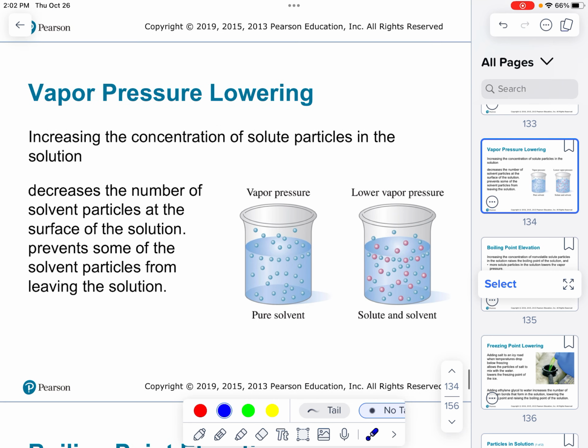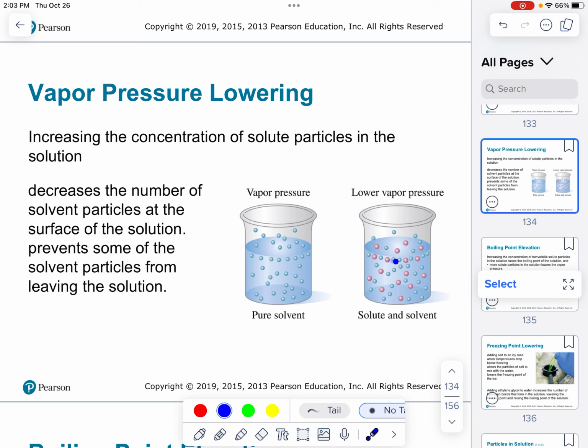And so increasing the concentration of solute particles in the solution decreases the number of solvent particles at the surface of the solution and prevents some of those particles from leaving. So in pure solvent, there's just water on the surface, and those are the particles that are going to enter the vapor phase.